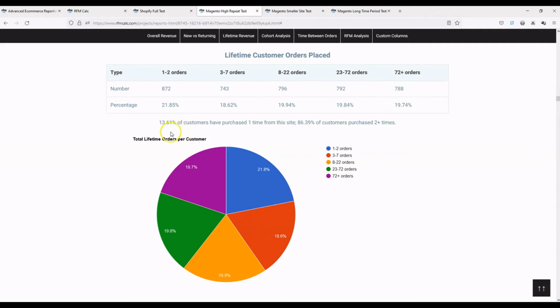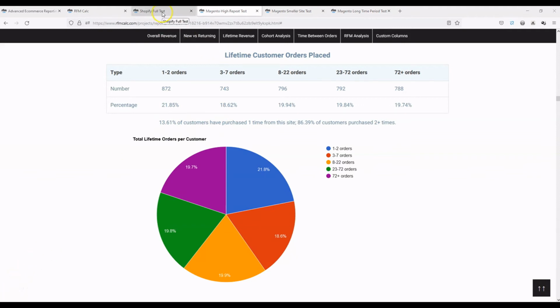That's why we include this line here, which says 13.61% of customers on this site have only purchased 1 time. So that's really useful data. That's obviously quite a nice metric to keep an eye on because you want, ideally, more and more customers to repeat purchase, so less and less customers to only purchase 1 time, and that's something you'll want to monitor over time. So this table allows you to do that in conjunction with that extra line of text as well.